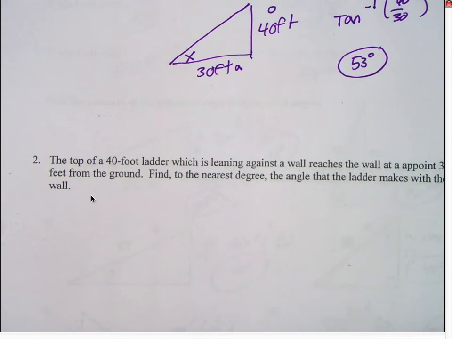Where's your angle? So I have a lot of people making this mistake when I walk around. Find the angle that the ladder makes with the wall. Remember, which one's the ladder, which one's the wall, where would that angle be?